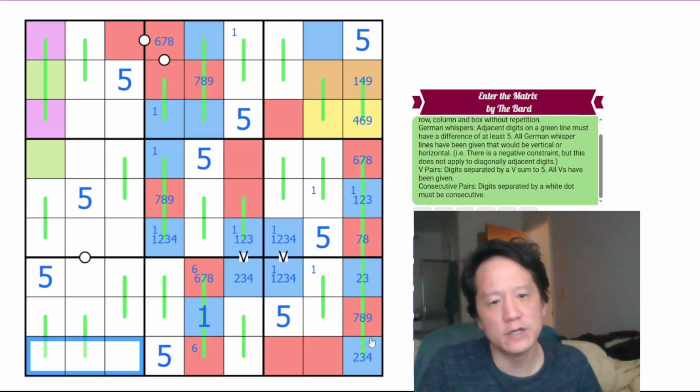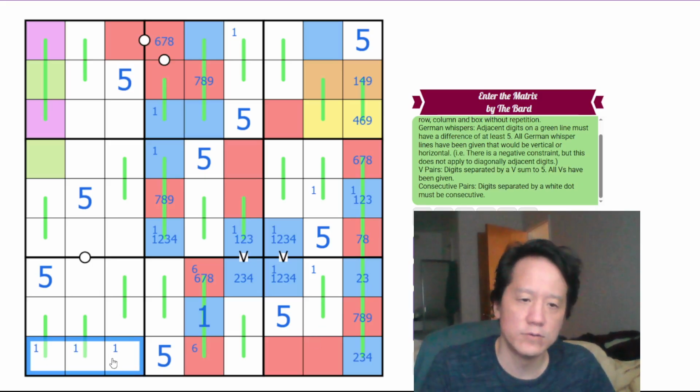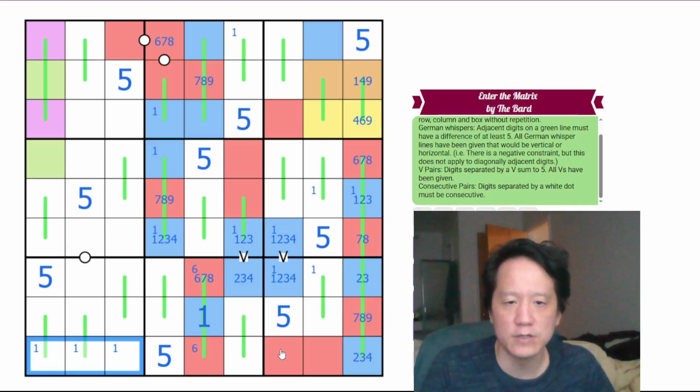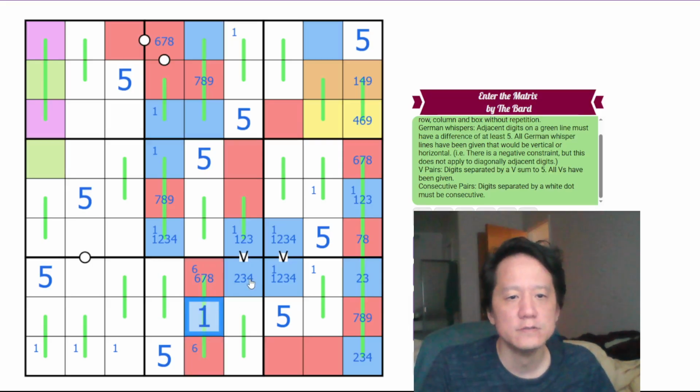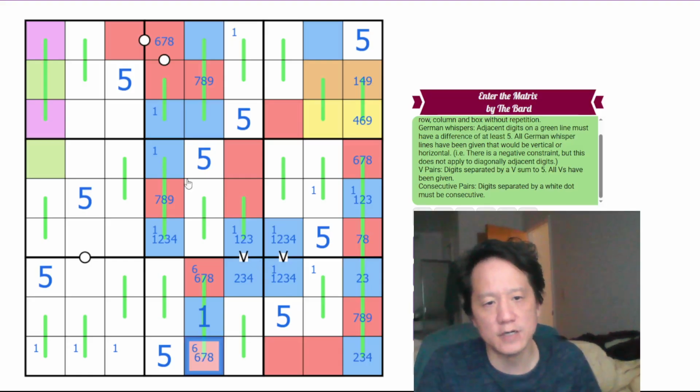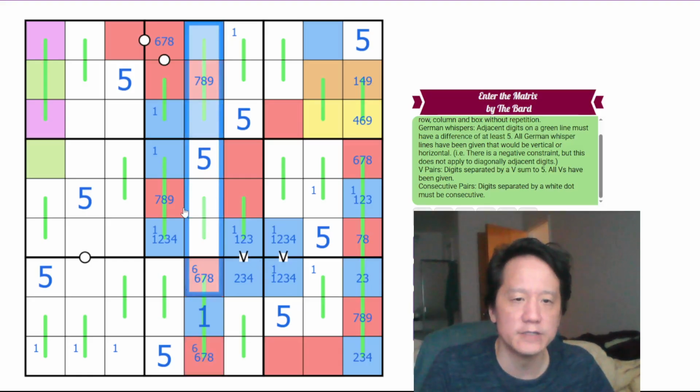Where's the 1 in row 9 then? It has to be here, because it cannot be here, it can't be here. This is 1 with a 6. This cannot be 9, because in this column, we need a 9 to be with the 4.